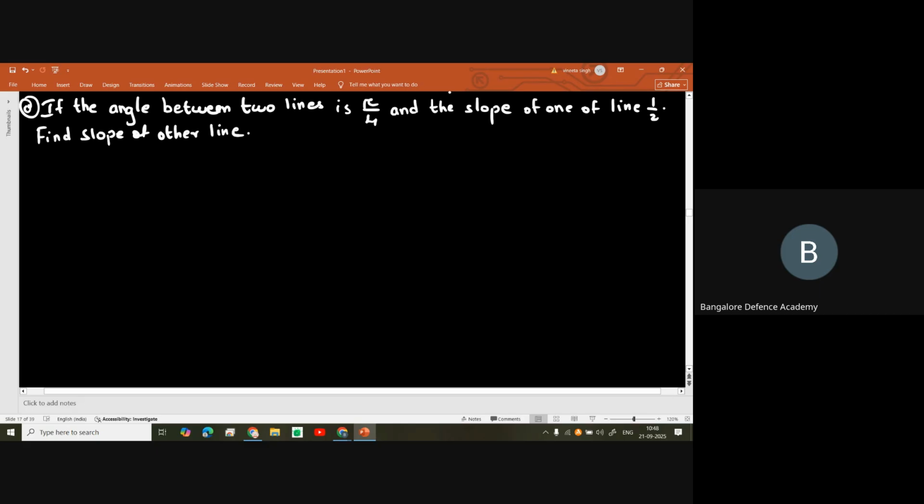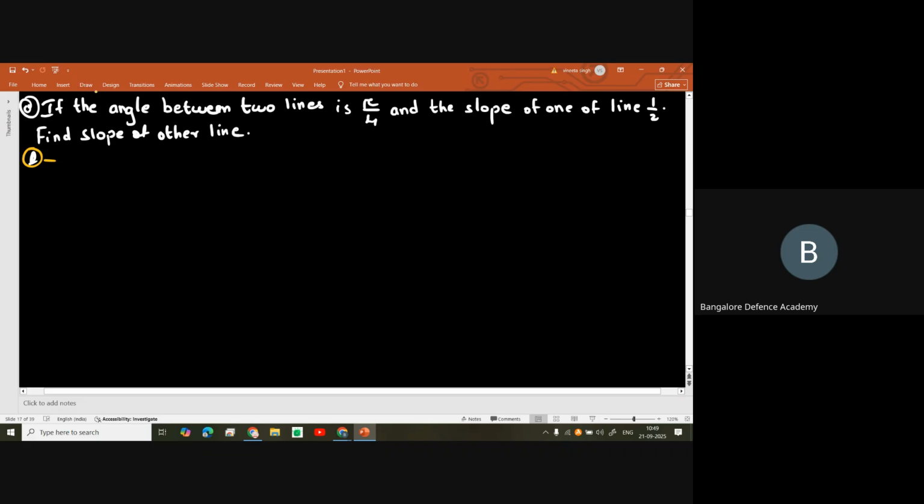Okay, I'll just tell you what to do here. Look at this. They have given the angle as pi by 4, so theta is pi by 4. The slope of one line is 1/2, and you have to find the slope of the other line.